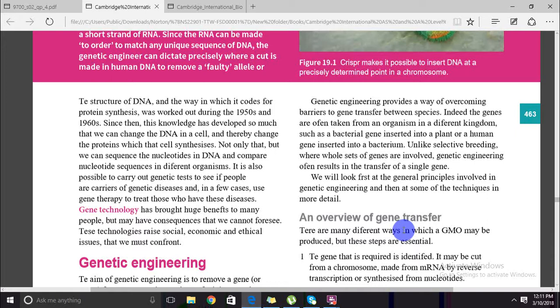But the gene which we are transferring from the bacterium actually codes for the same enzyme with the same purpose but slightly different structurally, and because of that structural difference it cannot be inhibited by the glyphosate, and so the plant effectively becomes resistant.